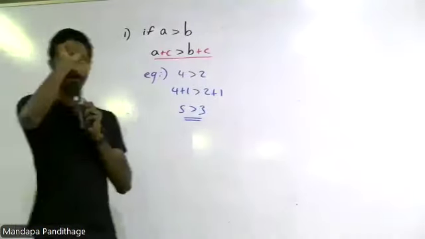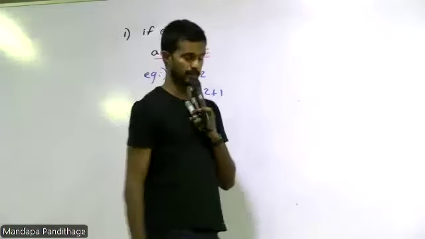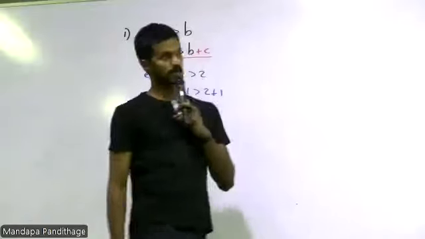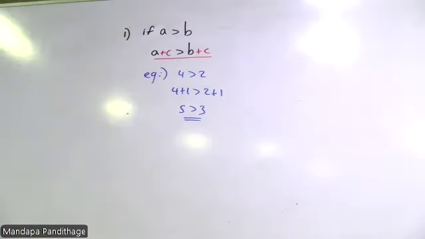Right, first rule, rule number one, write this: any number can be added to both sides of an inequality.